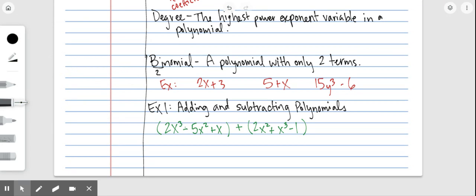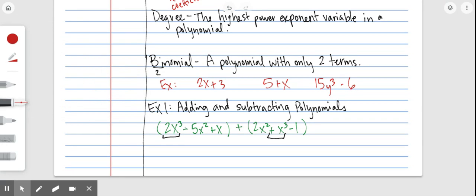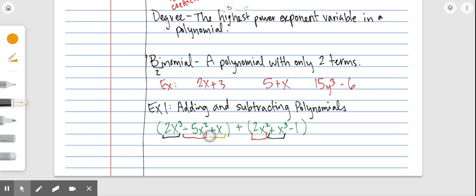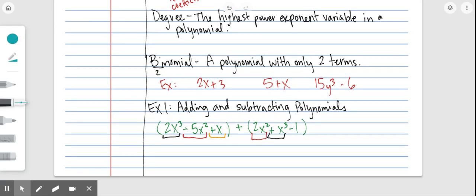So here I have an x to the third power, here I've got another x to the third power. Here I've got an x to the second power, here I've got another x to the second power. Here I've got an x to the first power. I don't have any others. And last but not least, here I have a 1, just a constant.